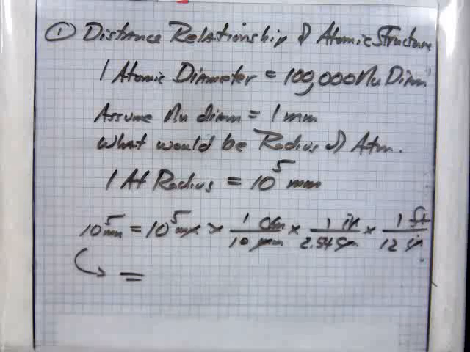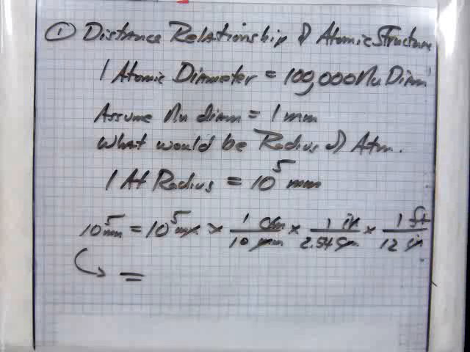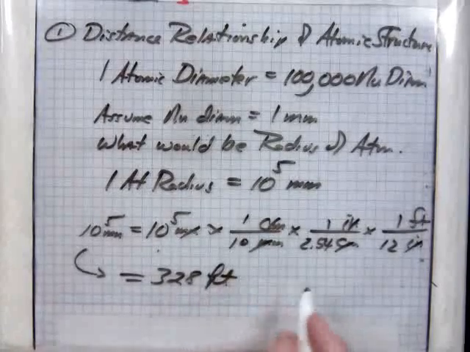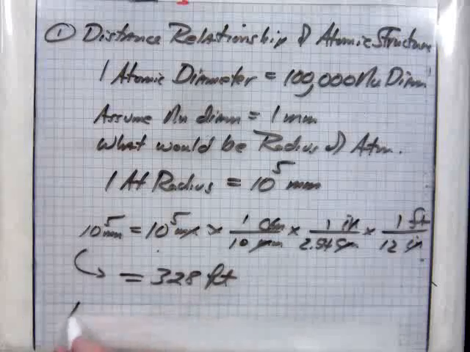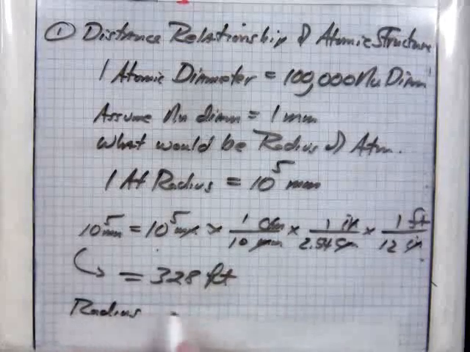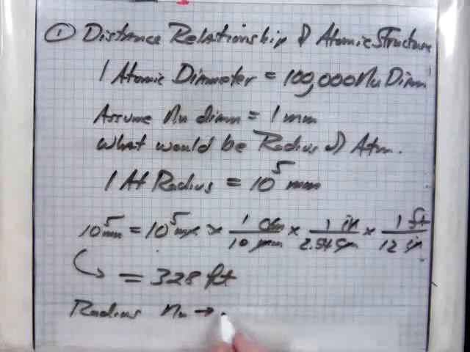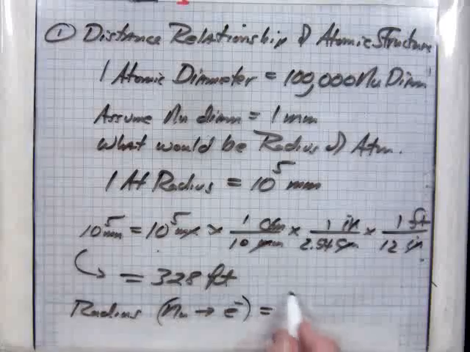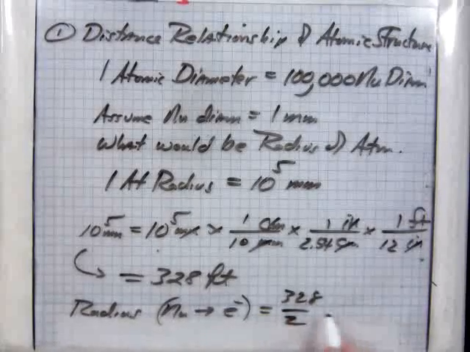So that's 328 feet across, and the radius, that's nucleus to the electron edge, is 328 over 2, half of that.